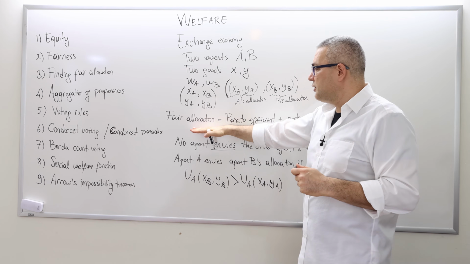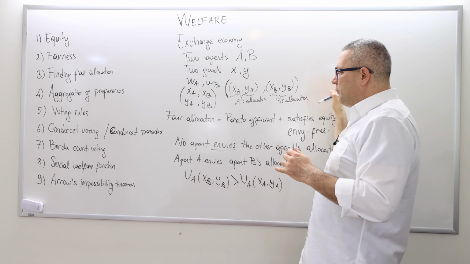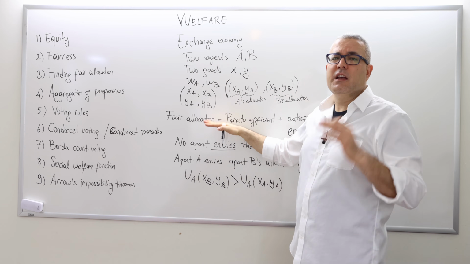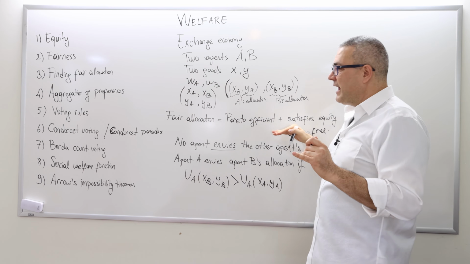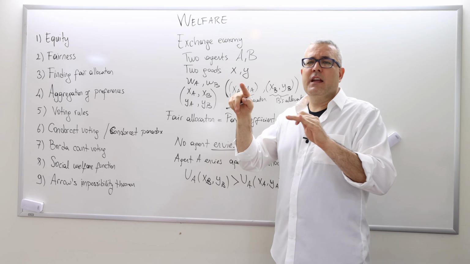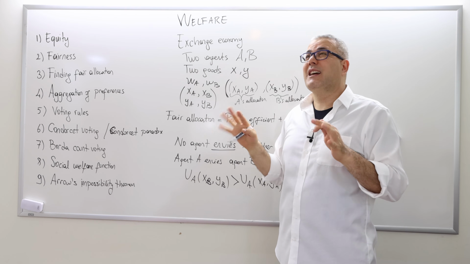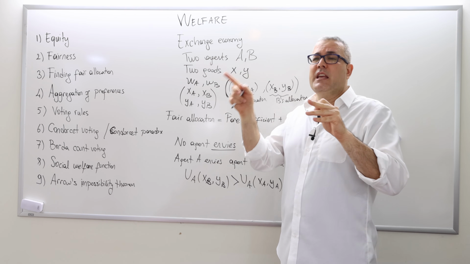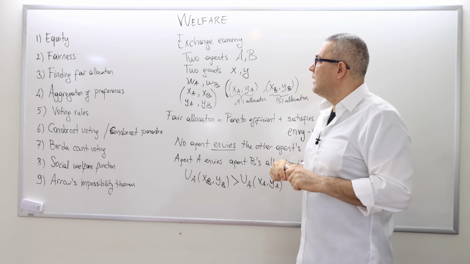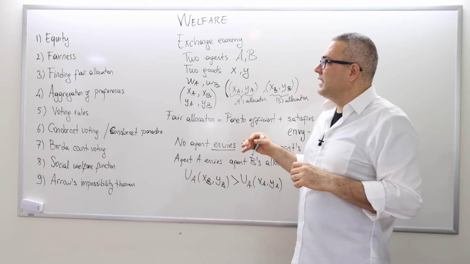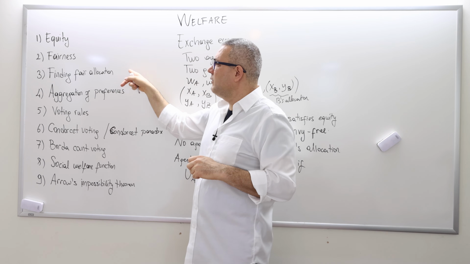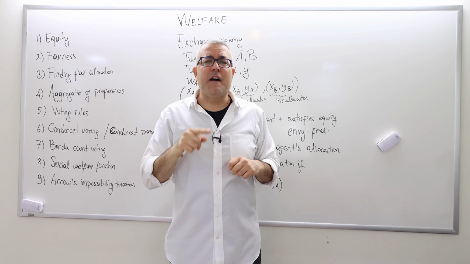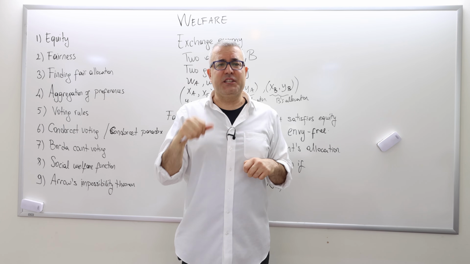So a fair allocation is one where the distribution is Pareto efficient and nobody envies anybody else. All right, so basically that's it. Now let's talk about finding fair allocations, again in an exchange economy.